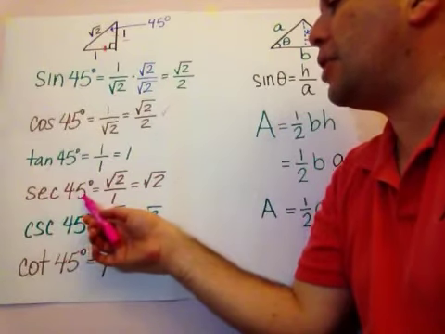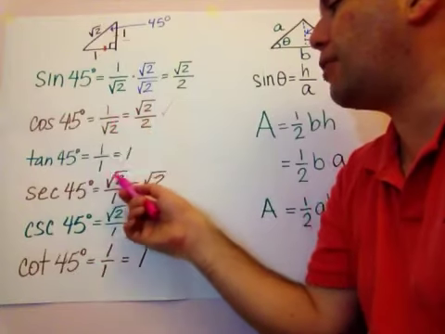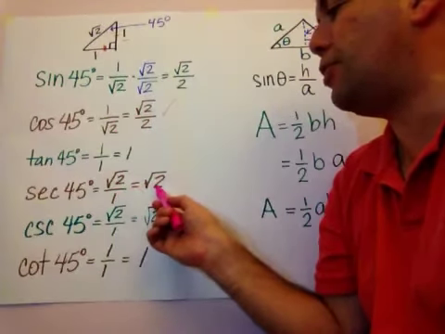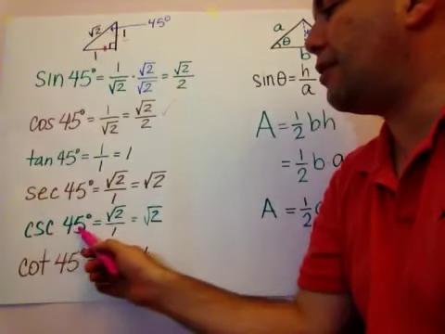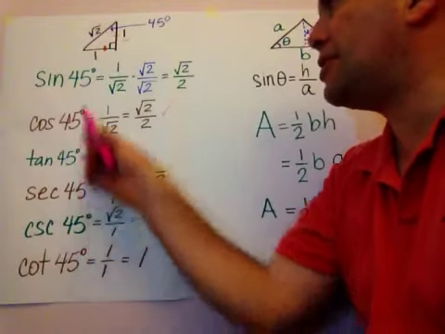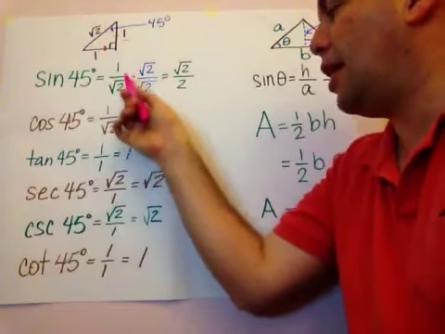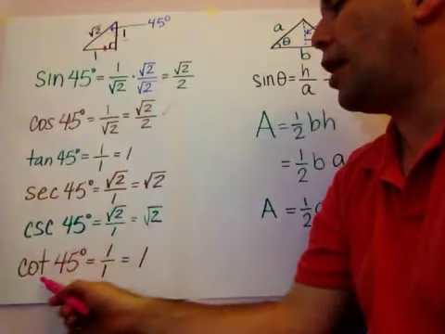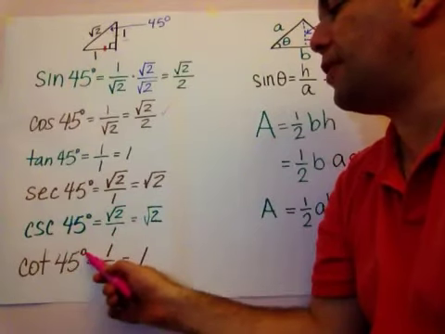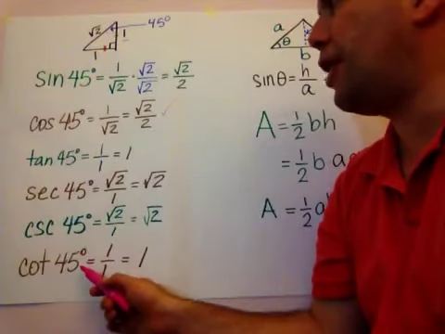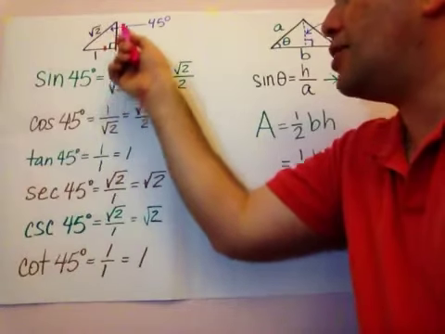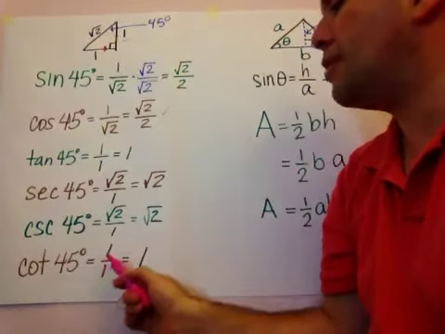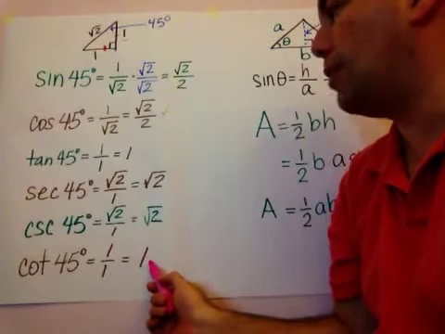Secant is the reciprocal of the cosine. So we have square root of 2 over 1, which is square root of 2. Cosecant of 45 degrees, the reciprocal of the sine of 45 degrees, again, square root of 2. And cotangent of 45 degrees, now it's adjacent over opposite, and again 1 over 1, which is 1.